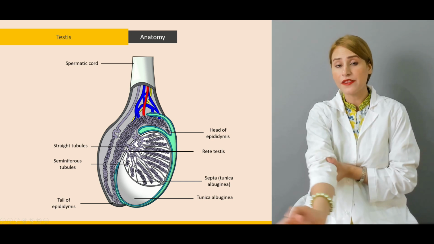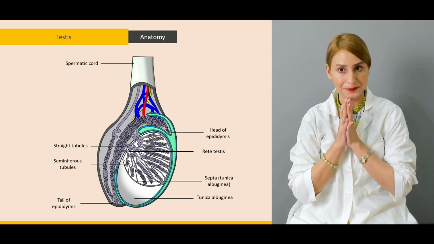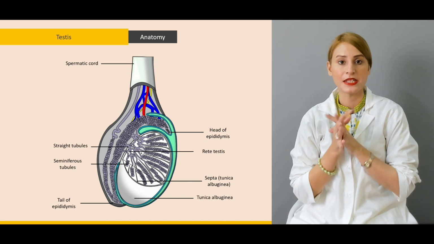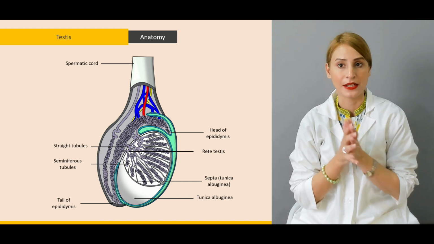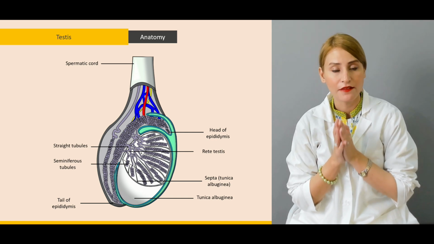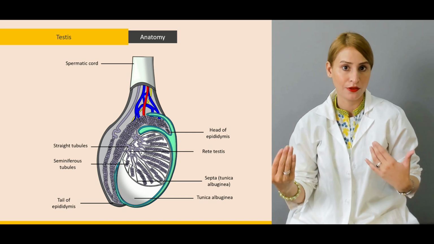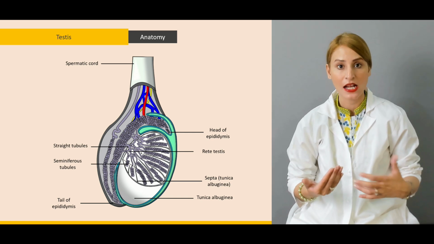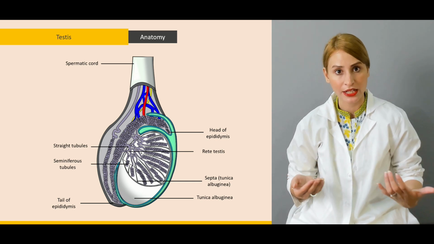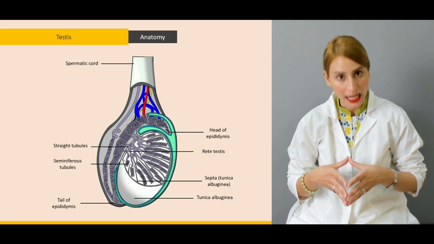Now the most important thing you should know is that the testes develop as a retroperitoneal structure located in the abdomen. By the age of 3 months of gestational age, the testes are located in the abdomen.